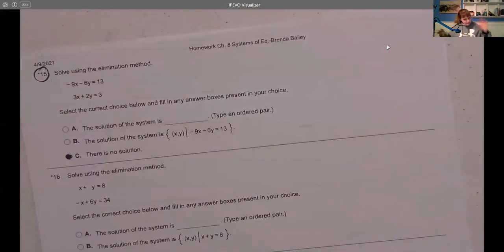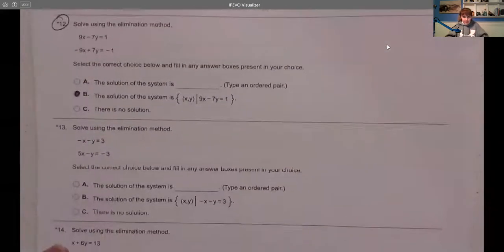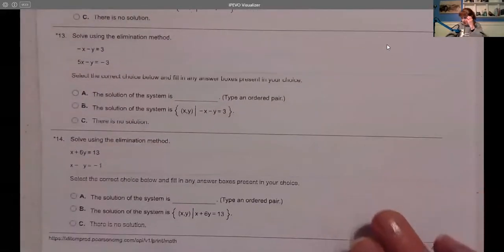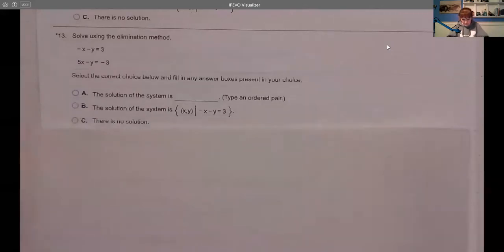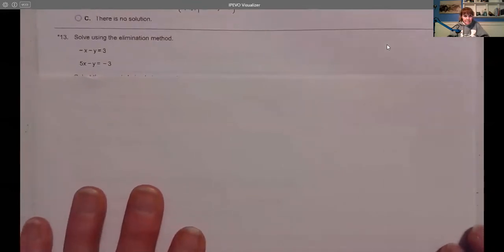So let's keep practicing our elimination method. Let's look at number 13. Here, what have we got? All right, let's get a piece of paper. I'm going to use the elimination method.